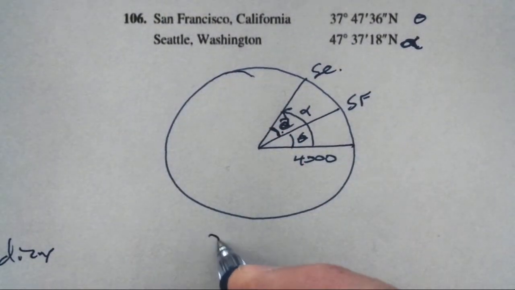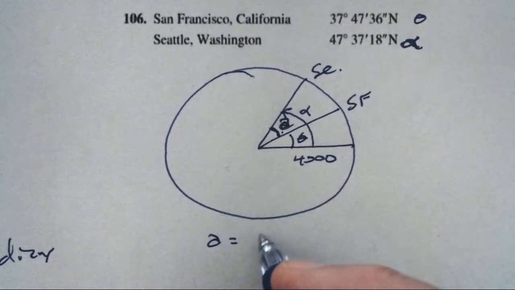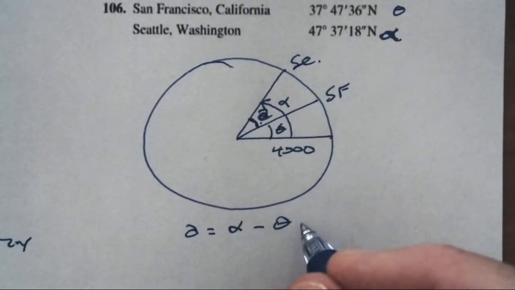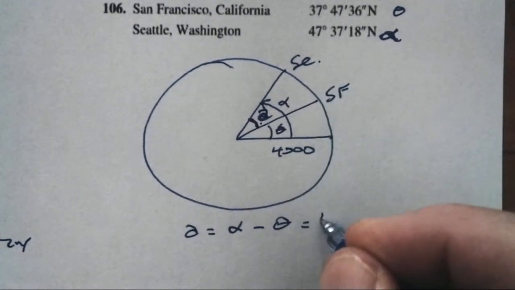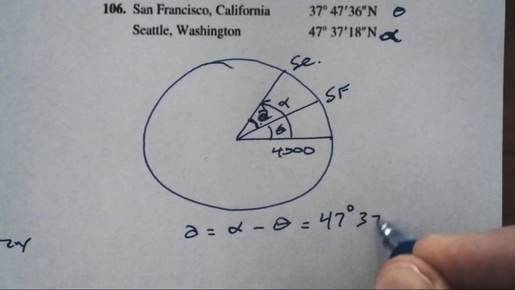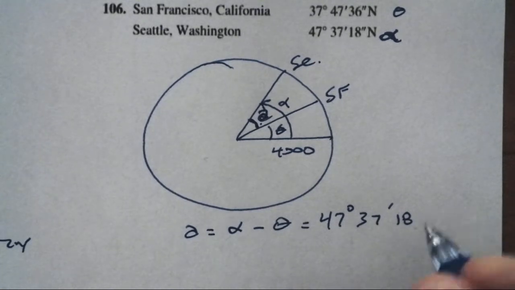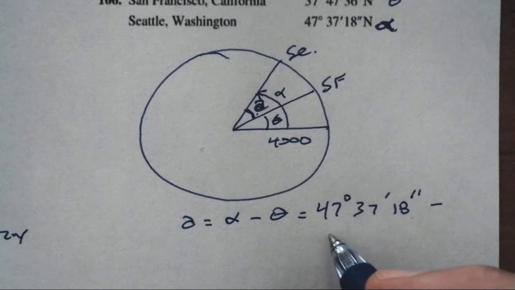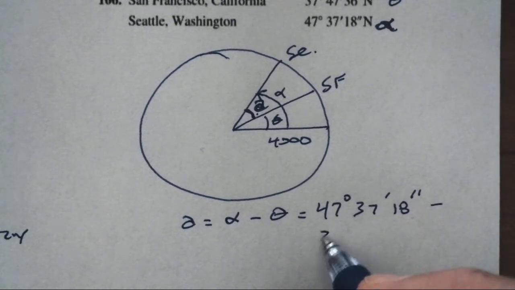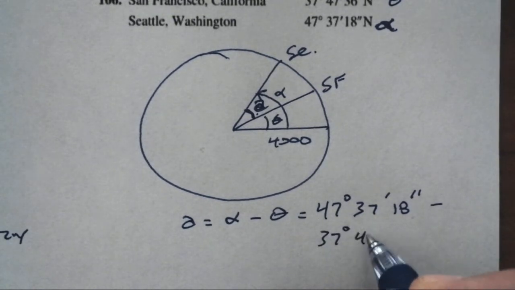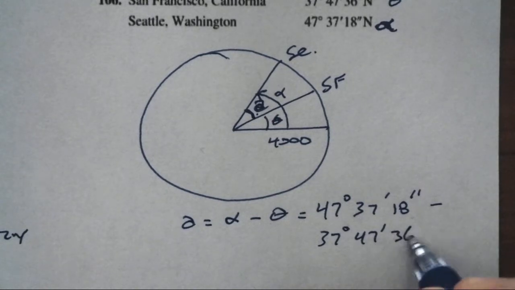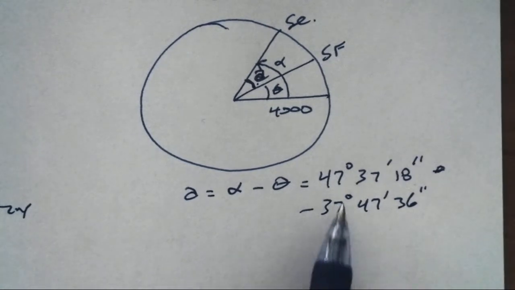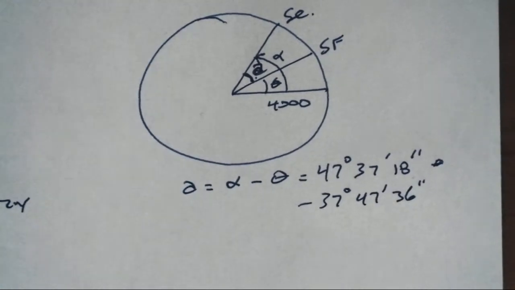So angle A equals the big angle fish minus theta, or 47 degrees, 37 minutes, 18 seconds minus, I'm subtracting from that, 37 degrees, 47 minutes, 36 seconds. And if I go to subtract those right now, I would have to do some borrowing. So I think I'm going to do this on the calculator.